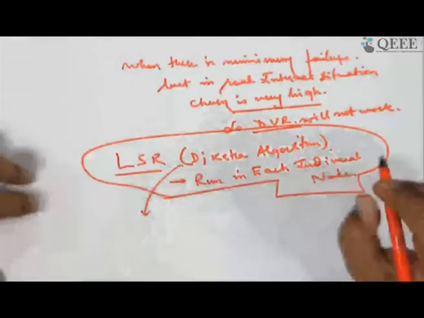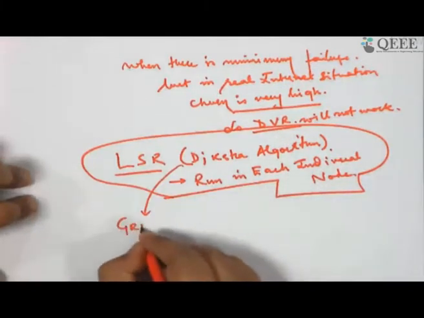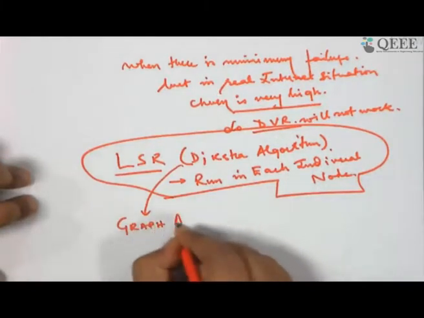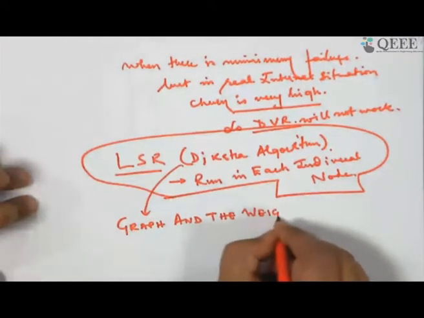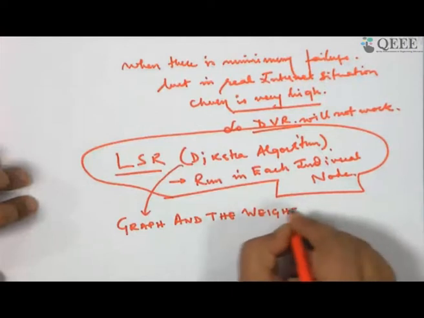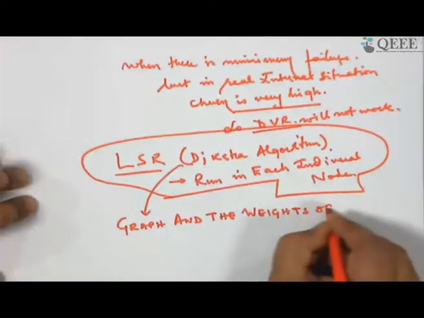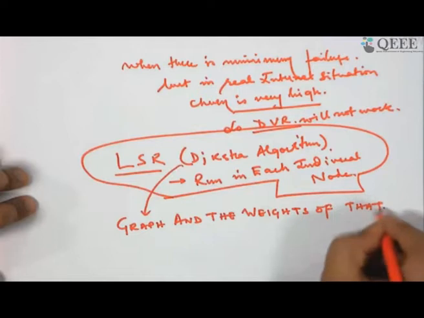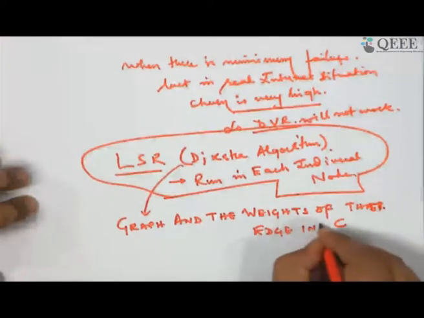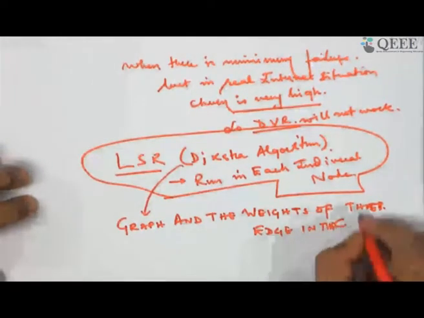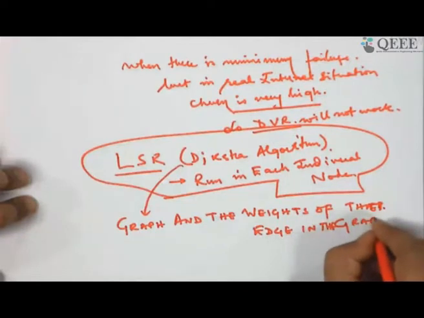What are the inputs which are needed? What does Dijkstra algorithm need? Dijkstra algorithm needs a graph and the weights of the edges in that graph, if you remember.